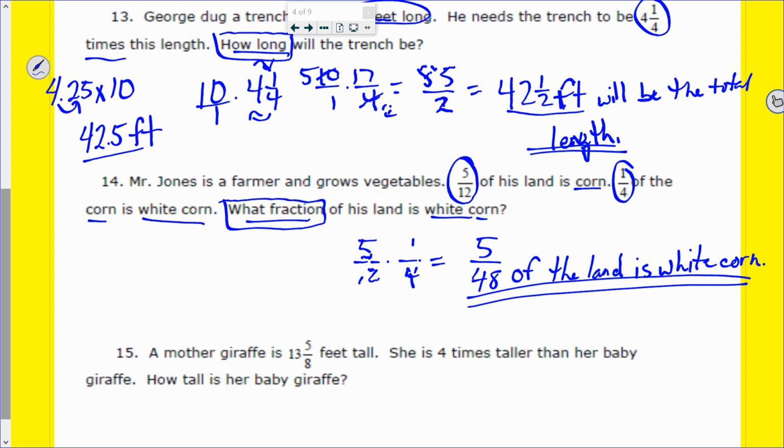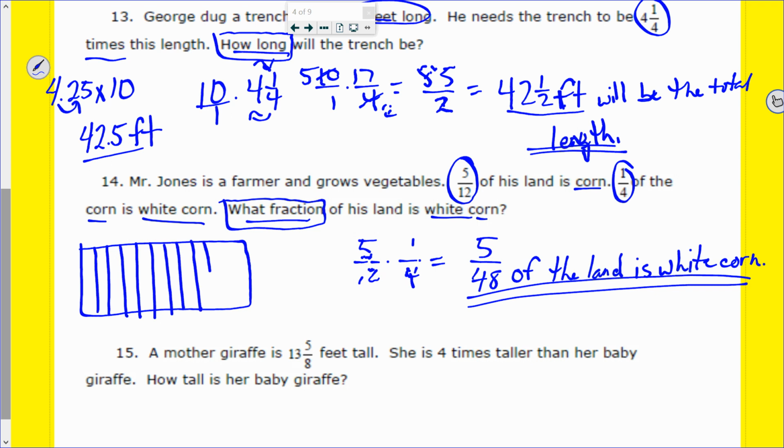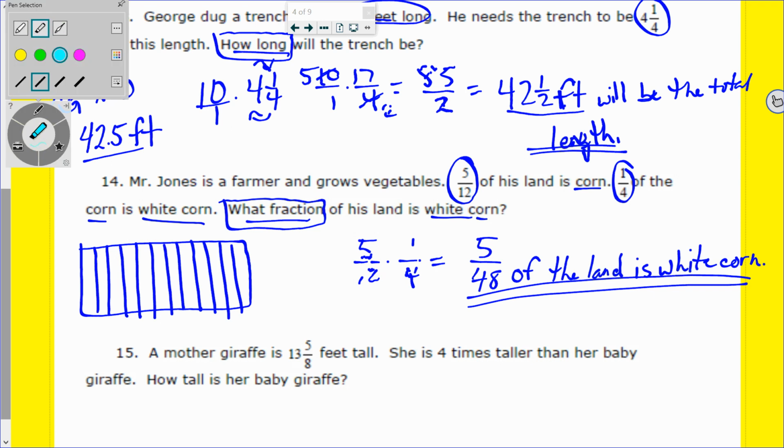This one actually works pretty decently for using the models that we showed you as well. So if I look at his whole field, and I divide it into 12ths, then I color in 5 of those 12 to show the 5/12 that is corn. I can then look at the counterpoint, which is 1/4 of that is the white corn.